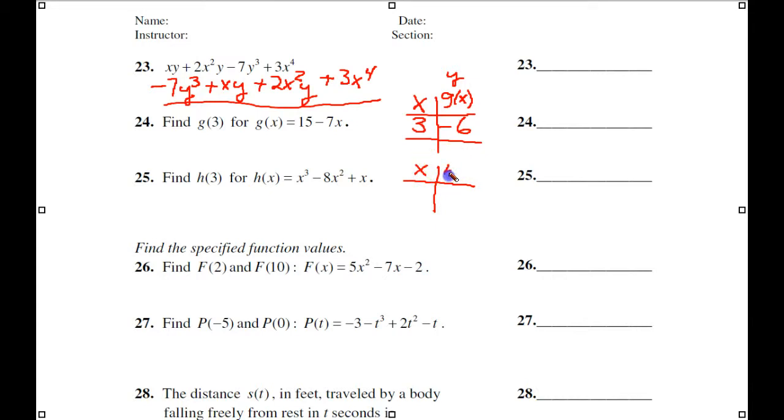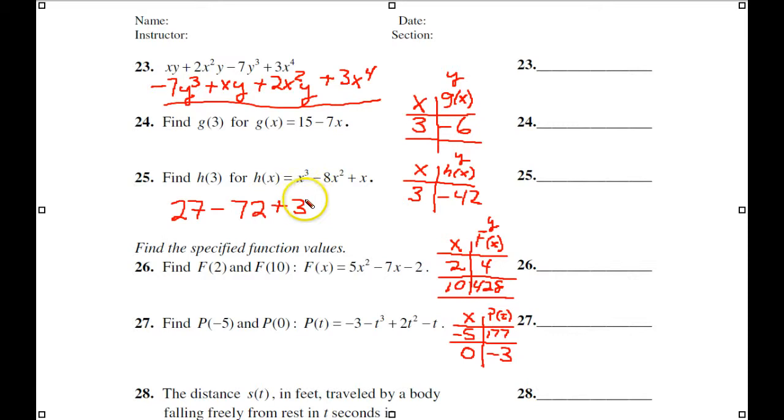This is going to be h of x. Remember, that could be a y. And we're saying x is going to be 3. So here we're developing a skill of substitution of a value where the x appears in the function.